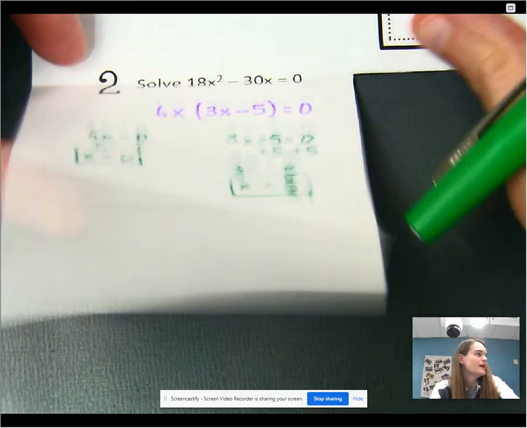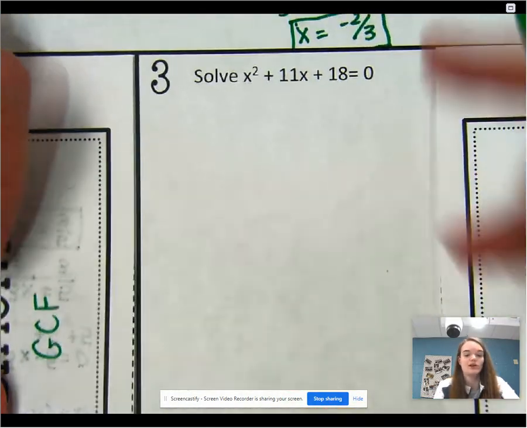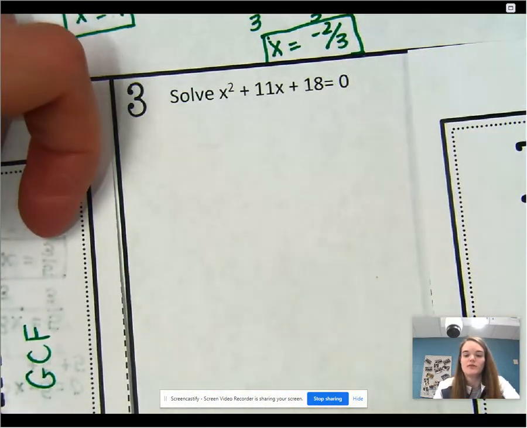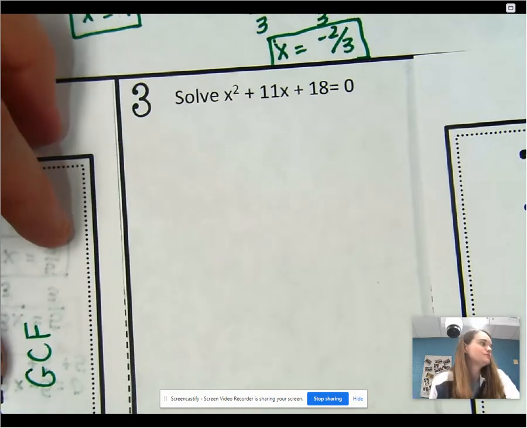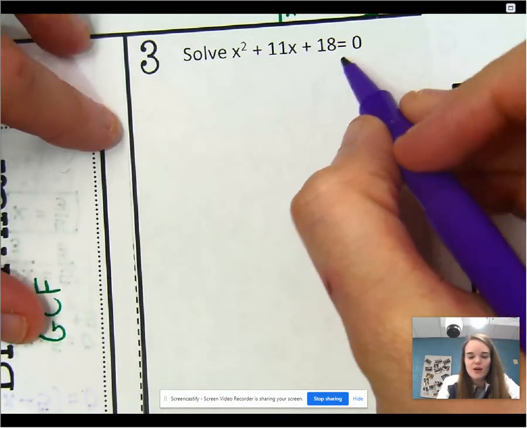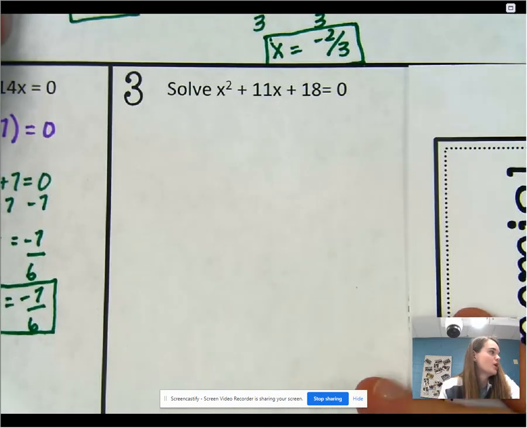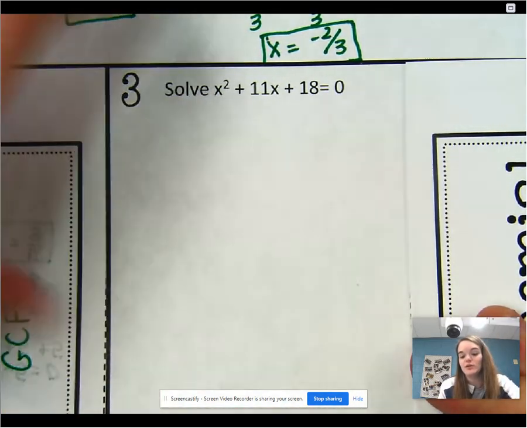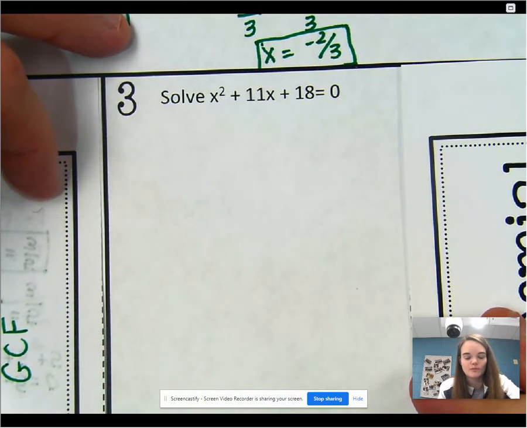Okay. Now, trinomial. This is the one we've been doing a lot last week, and that's where we're going to have to actually make a chart, find the factors, and then we will solve. So let's get the factors. By the way, notice how all these are equal to 0. That has to be true in order for these to work, which means later, if you don't have something that's equal to 0, you're going to have to make it equal to 0, and it has to be in standard form.